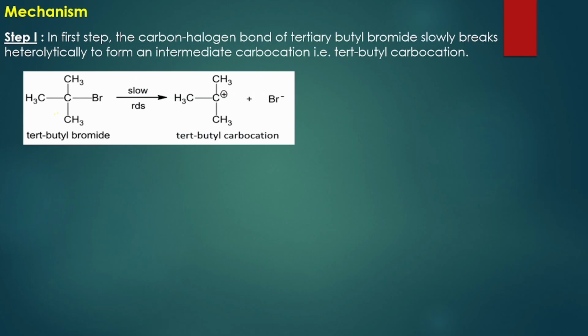In the tertiary alkyl halide, the first step is that bromine is going out. As a result, the carbocation intermediate is forming. This is a very slow step. The slow step of the reaction is called what? Rate determining step.